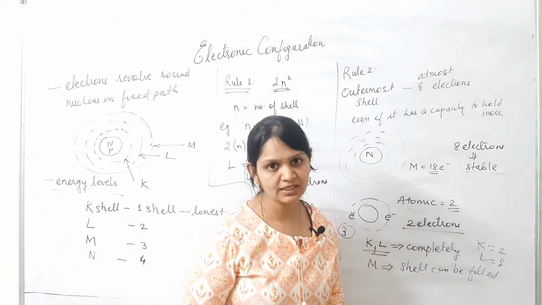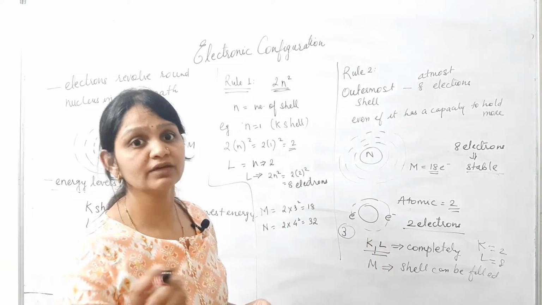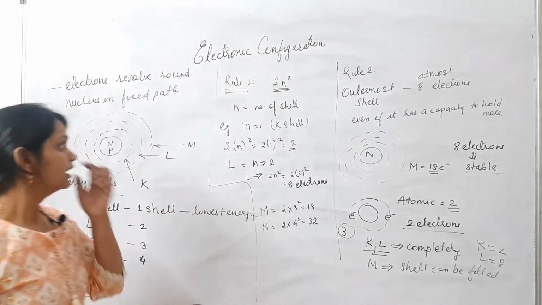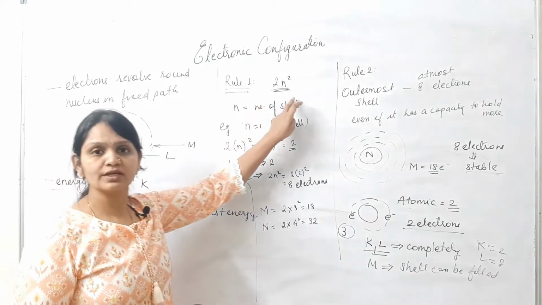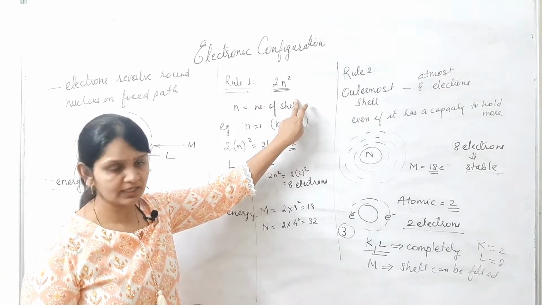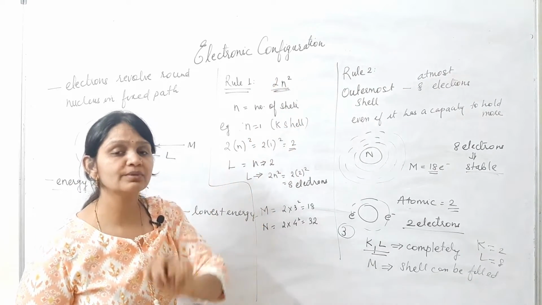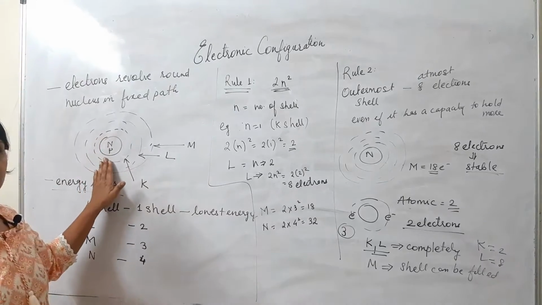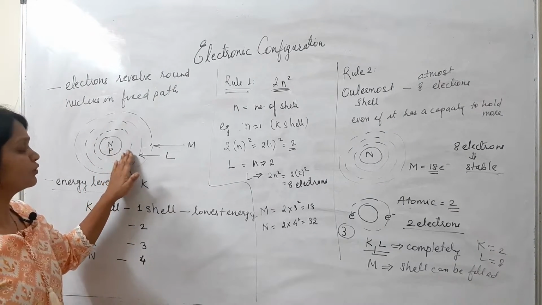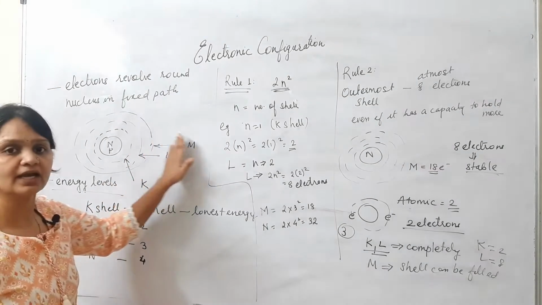next energy level. Now after understanding all the 3 points, let us give a revision first. They follow the rule 2n square, that is the maximum number of electrons a shell can contain, where n is the number of the shell. Now these shell numberings are given from the nucleus. The first, which is the closest to the nucleus, is the first shell, then second, third and so on.